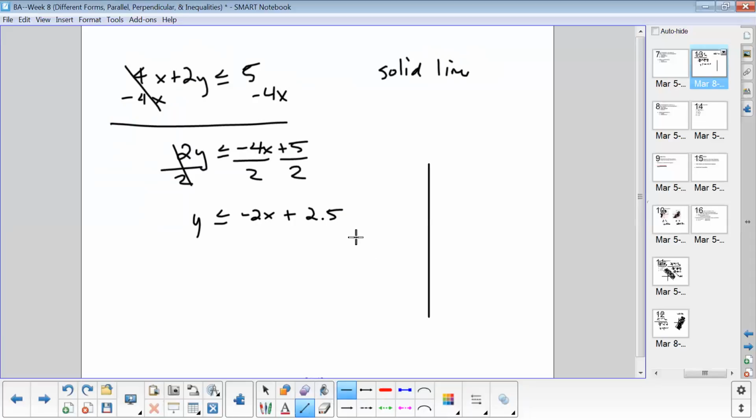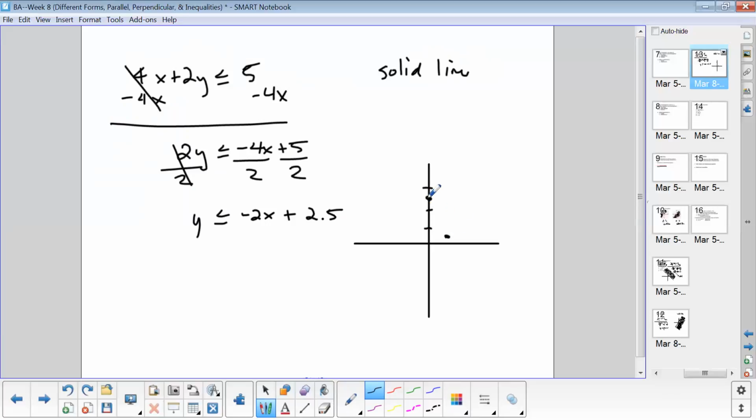And so I'm going to plot my point at 2.5. So 1, 2, 3. So there's 2.5. And so I want to decrease 2, so decrease 1, 2, to the right 1. So I'm at 2.5.